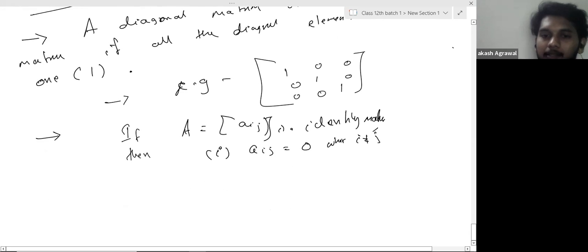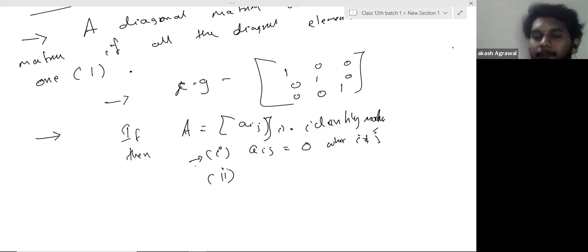All right. The second condition will be... Is it enough, or do we need any other condition for it to be an identity matrix? Krishna, can you tell me?